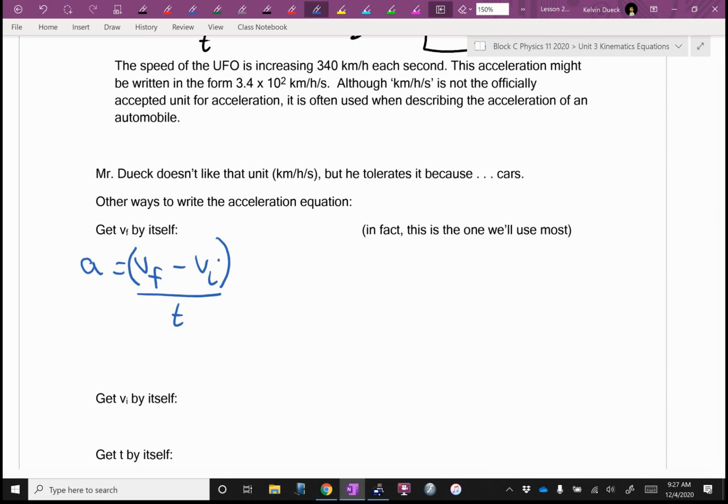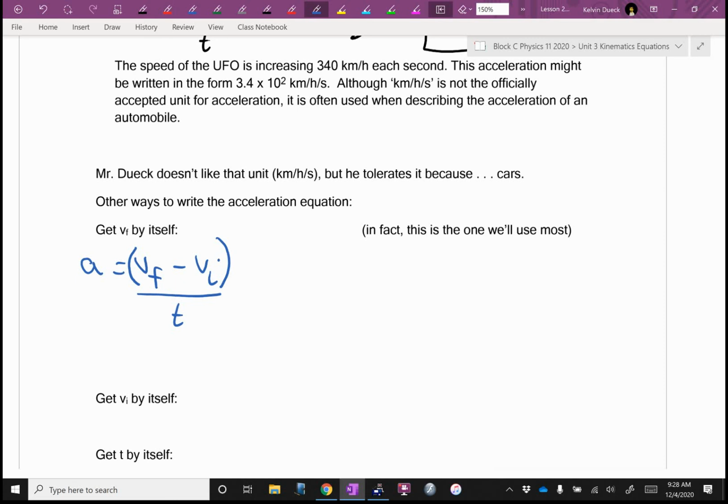It's almost always reverse BEDMAS. Remember BEDMAS? Brackets, exponents, division, multiplication, addition, subtraction. You do it in that order when you're solving an equation. When you're trying to rearrange an equation, you do reverse BEDMAS.